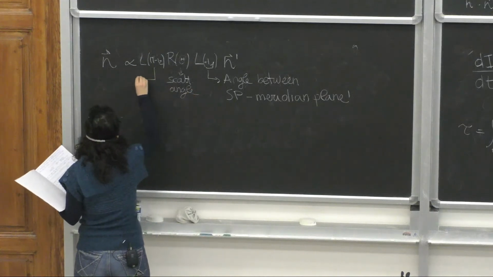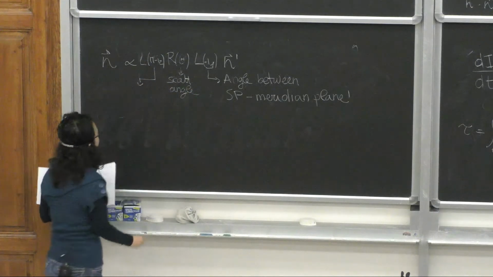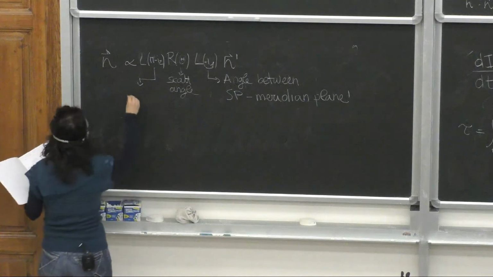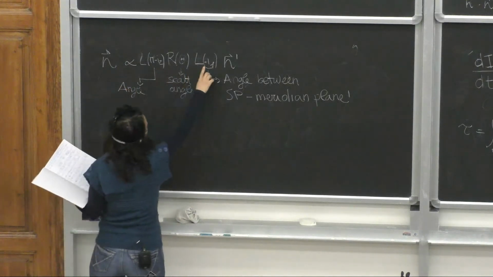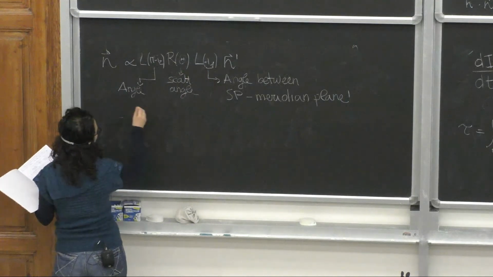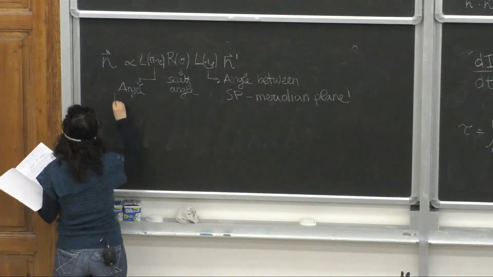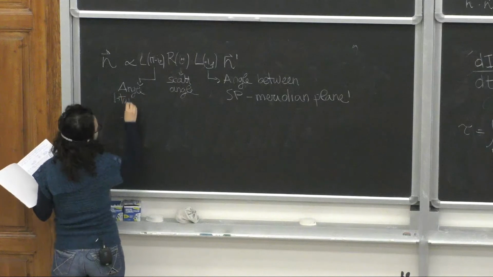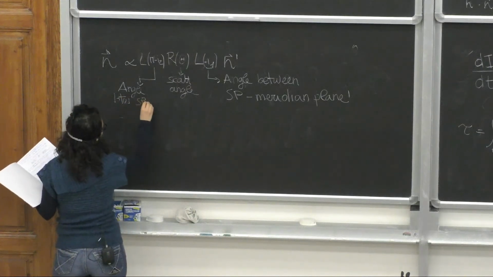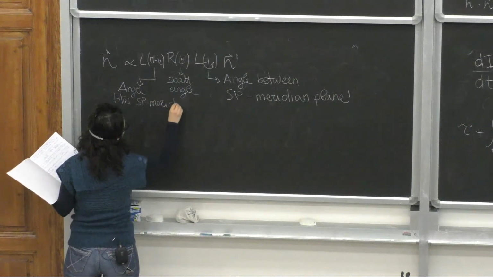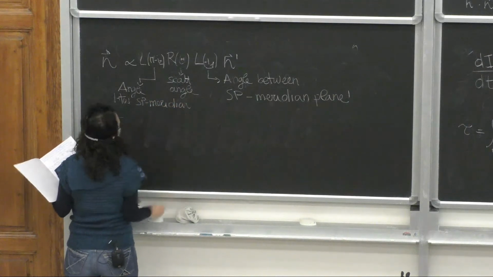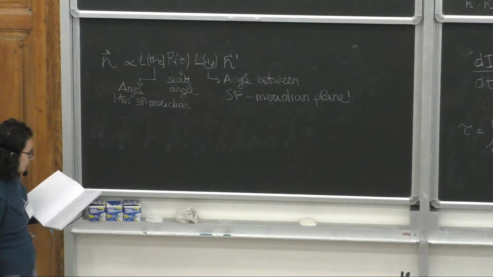And this other angle here, pi minus I2, is, analogously to the transformation that we have done here, the angle between the scattering plane and the meridian plane of the outgoing radiation.